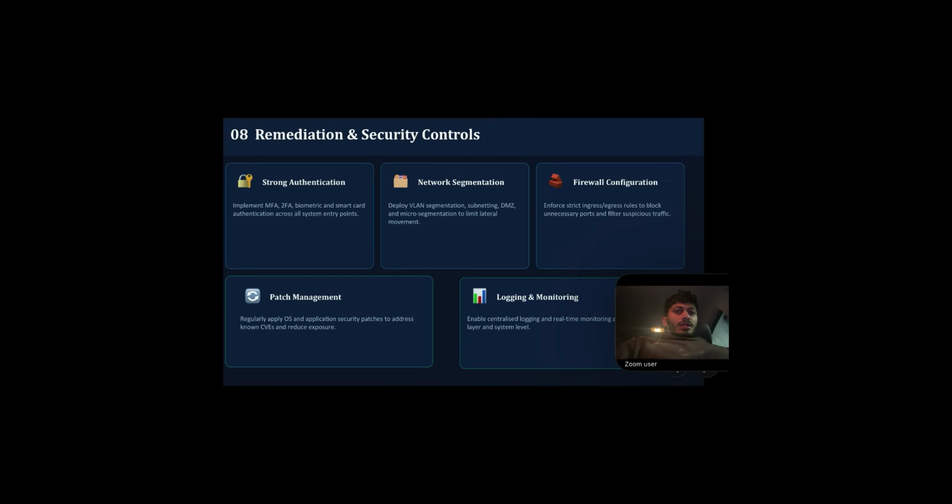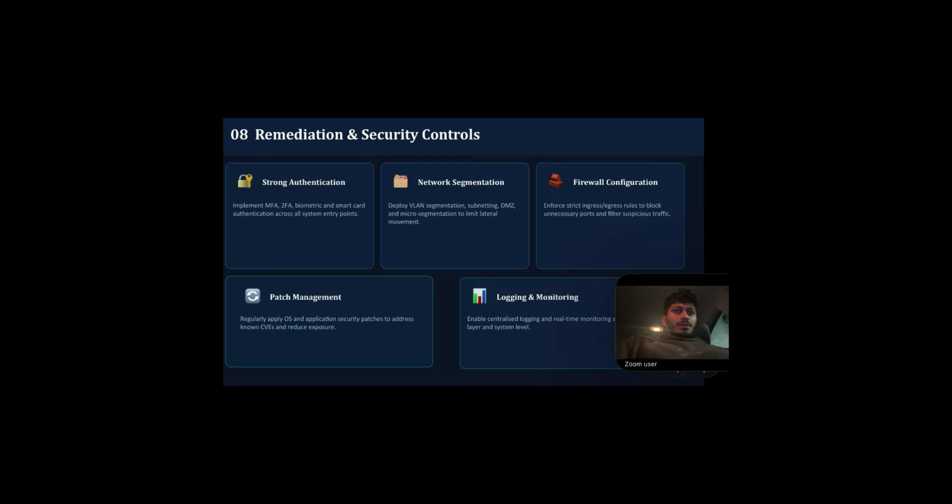Secondly, network segmentation should be used to separate critical systems and limit an attacker's ability to move across the network. Third, organizations should configure firewalls to block unnecessary ports and monitor suspicious traffic. Another important control is regular patch management, ensuring that operating systems and applications are updated as soon as security fixes become available.